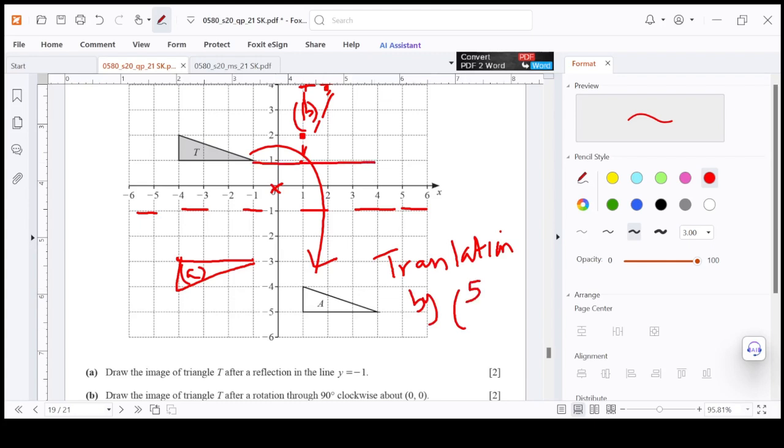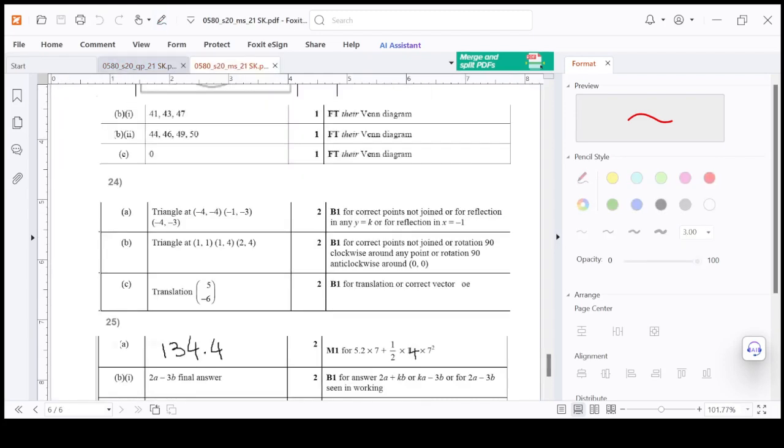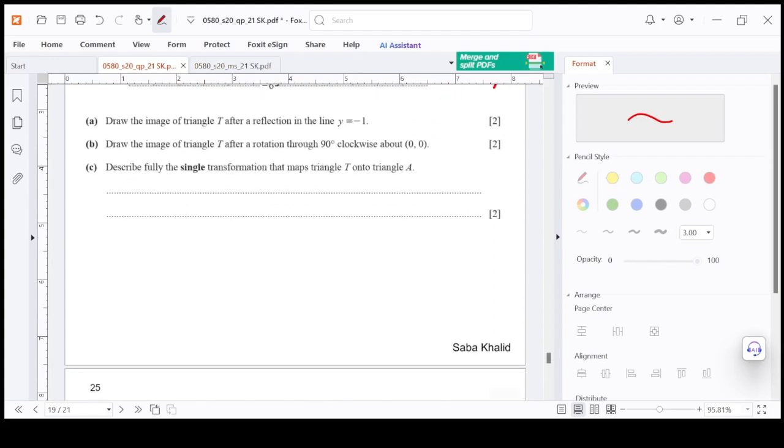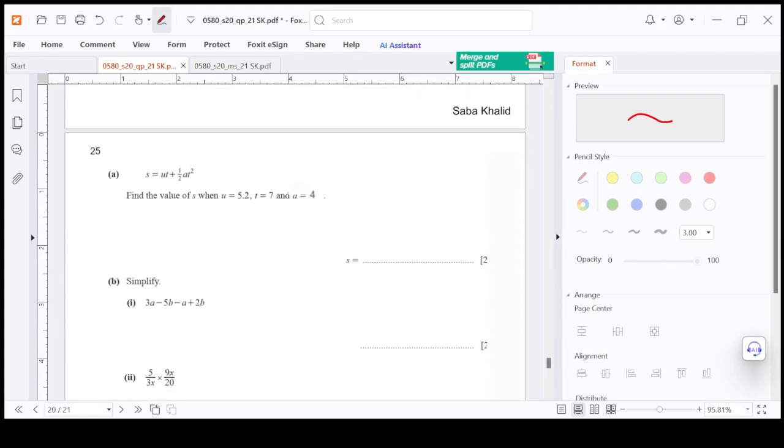So write 5 right and 1, 2, 3, 4, 5, 6, 6 down. Down is represented by minus, up is represented by plus. Right is represented by positive 5, left by negative 4. So this is (5, -6). Okay, that's done. Remember to look up rotation using tracing paper.